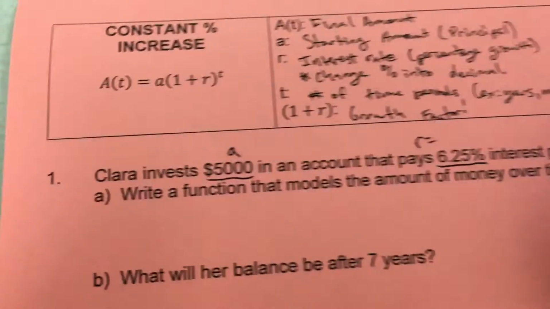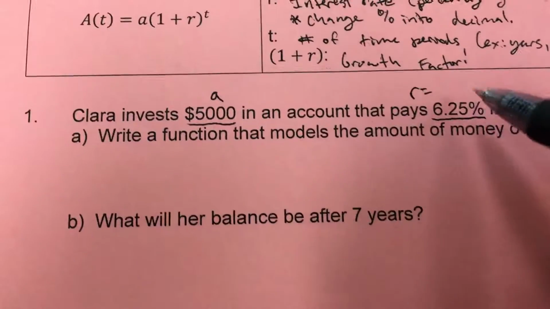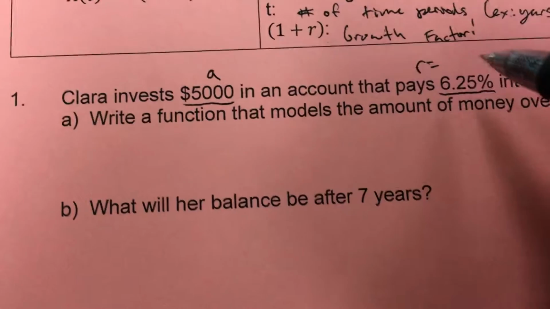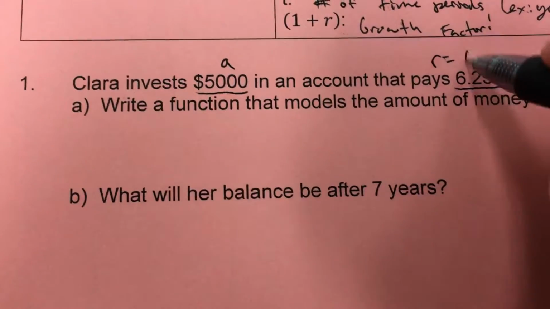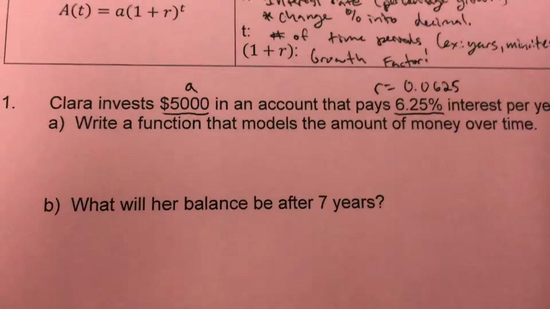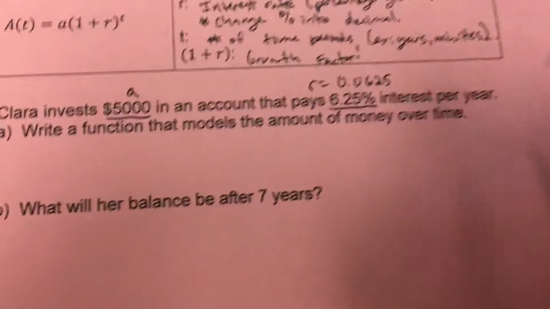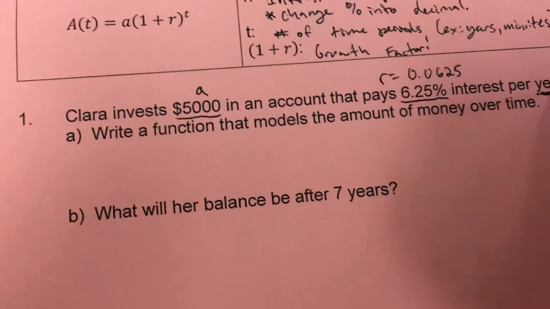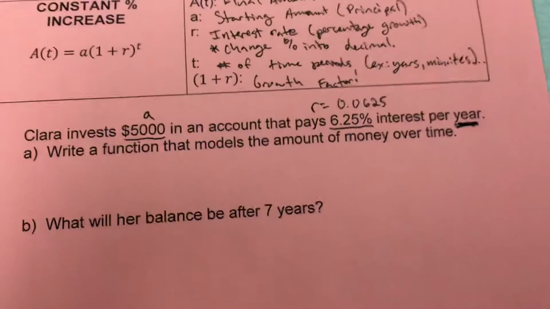But we want to turn it into a decimal. So to turn a percentage into a decimal, you take the decimal point and go twice to the left. So if I were to bounce this twice to the left, I'd end up with 0.0625. Okay? And it says per year. That means years are going to be our unit of time.